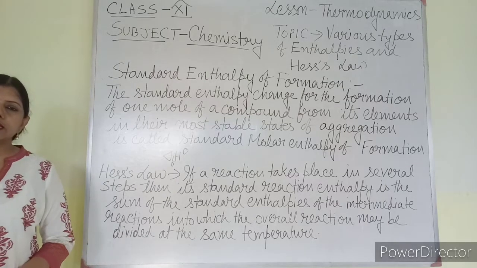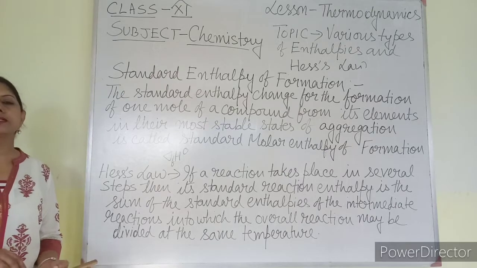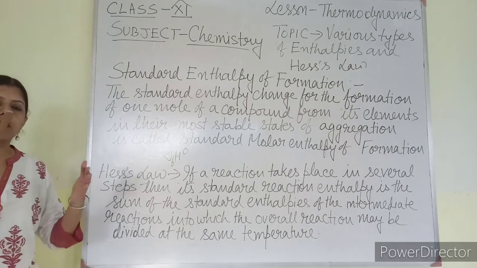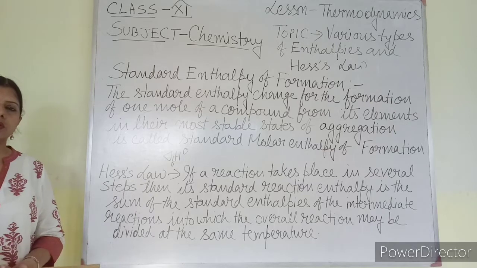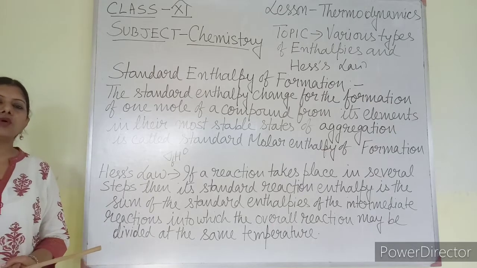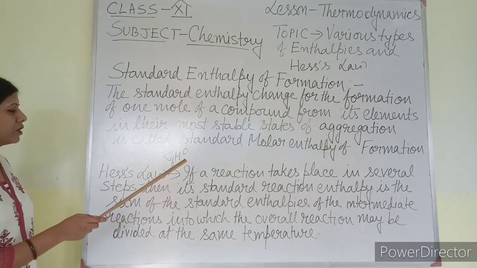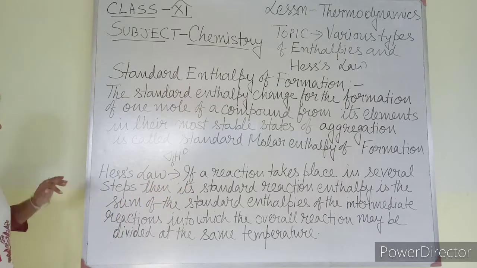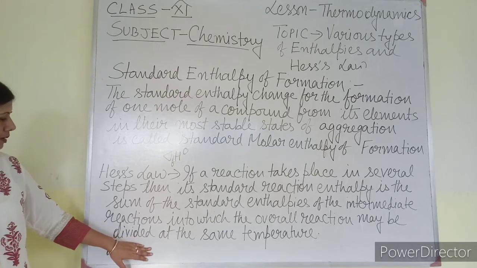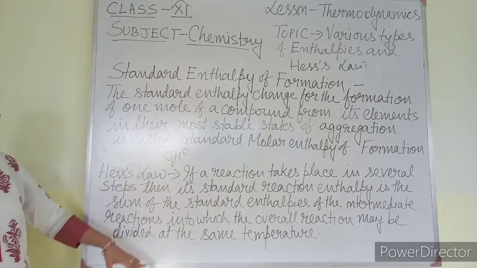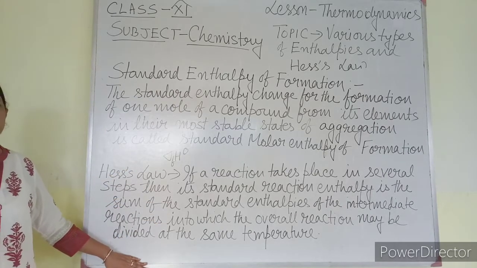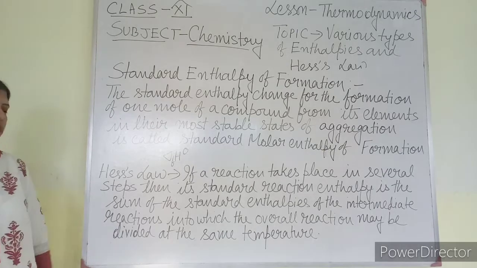For all the intermediate reactions, there may be some change in enthalpy of each intermediate reaction. So the sum total of all those enthalpy changes will give you the enthalpy of formation, and that is in case of 1 mole. So this is all about Hess law. All definitions you have to learn, that is very important. What is the meaning of Hess law?